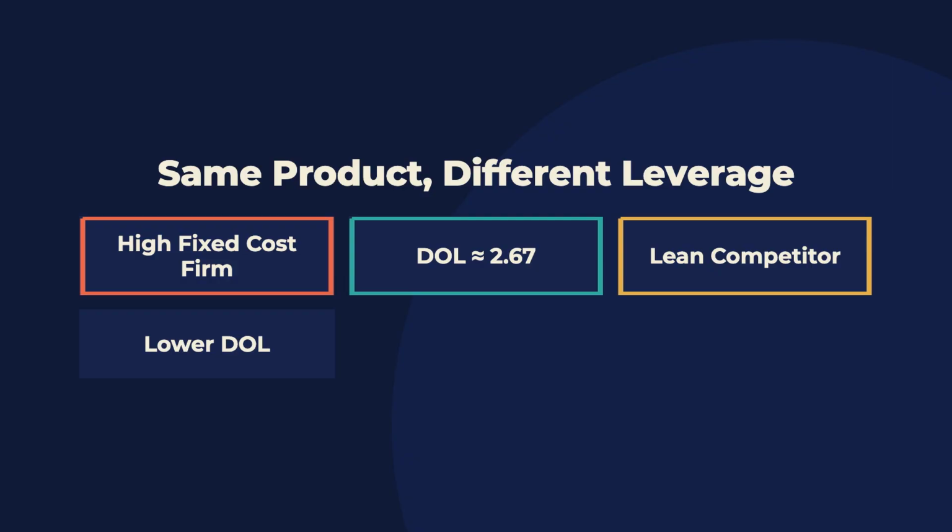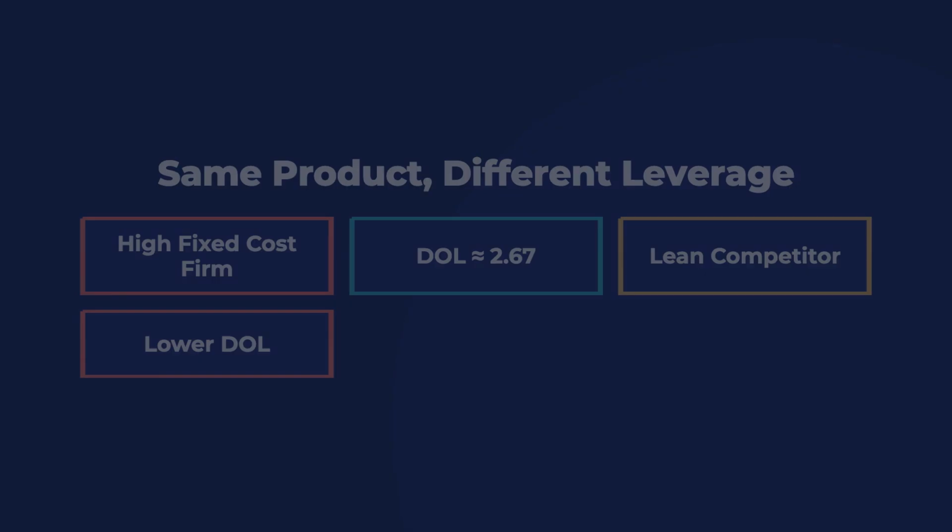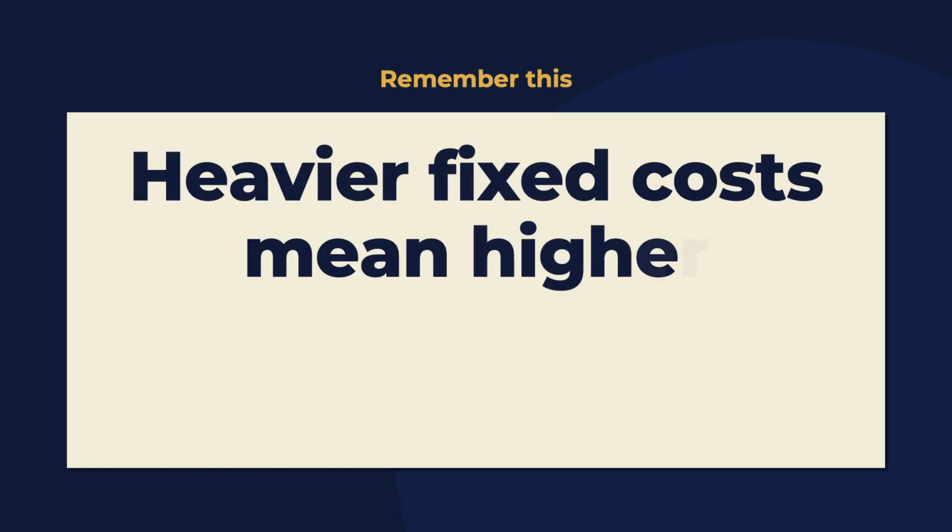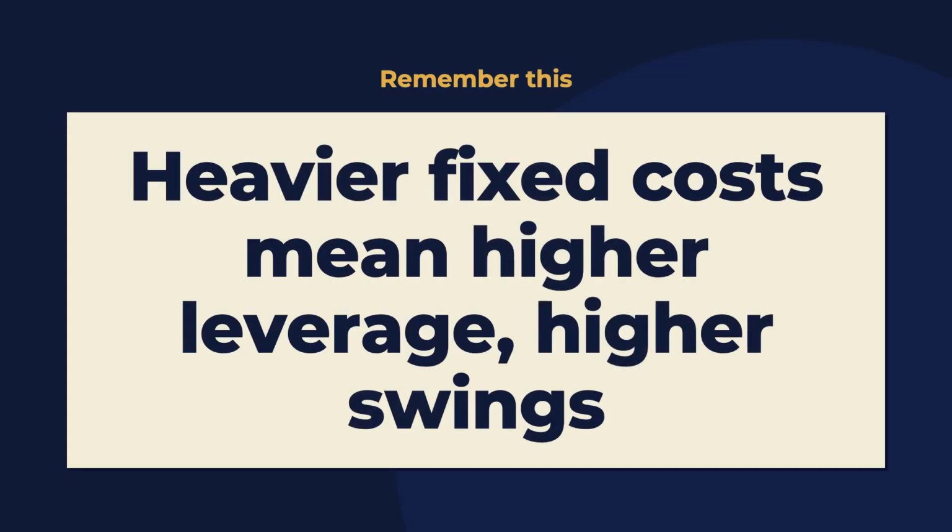That shrinks its contribution to operating profit ratio, so the same 10% sales gain lifts its profit far less dramatically. The lesson: degree of operating leverage equals contribution divided by operating profit, and a heavier fixed cost base drives that ratio, and the resulting profit swings, higher.